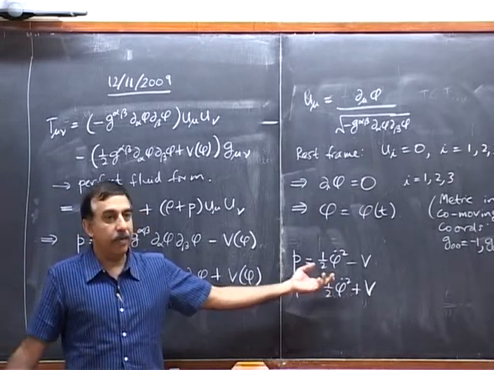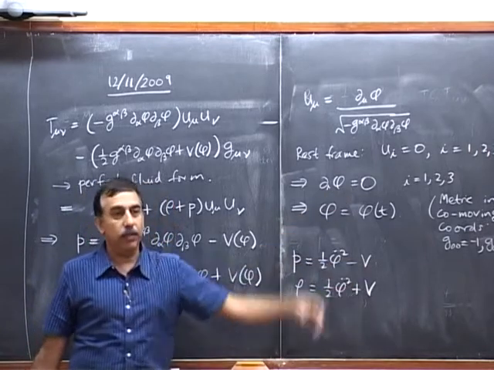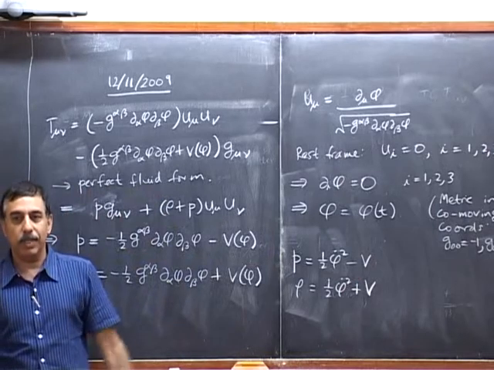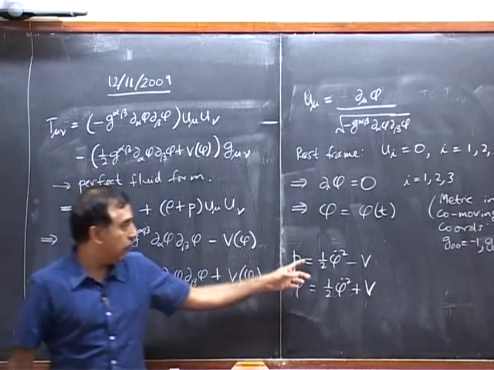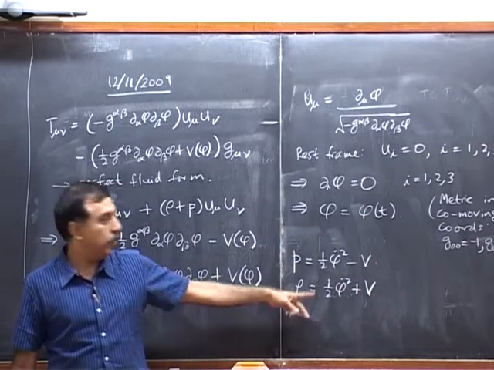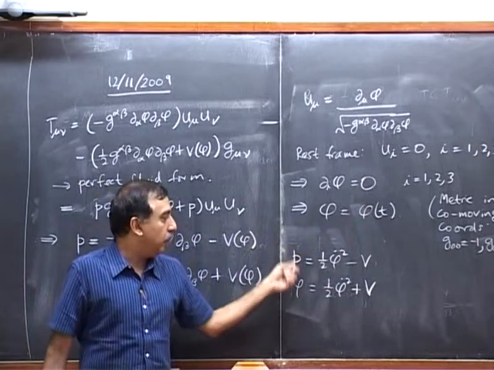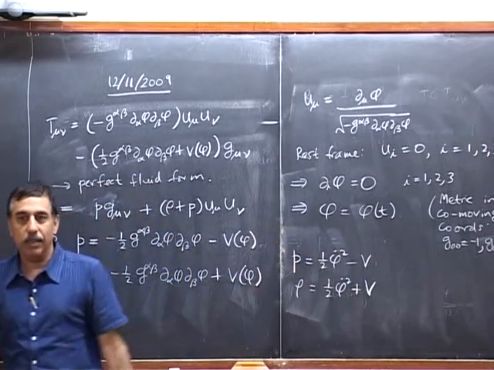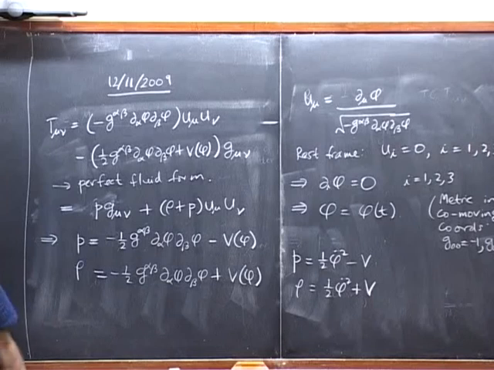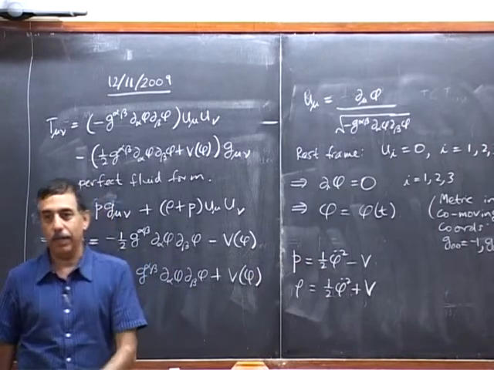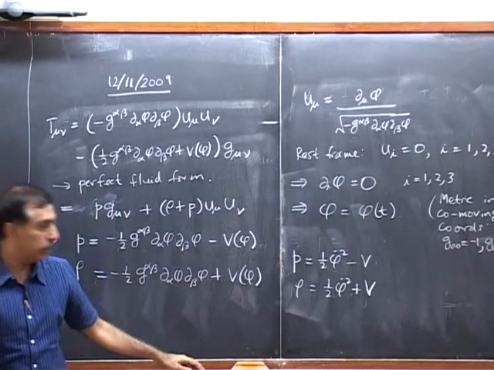However, they are completely given in terms of the potential of the underlying scalar field theory, which is some fundamental quantity. So once that's given, then P and rho are given. They are both time dependent because phi is time dependent as expected, but P upon rho is not constant. So in some ways you should consider this a better substitute for the equation of state. Instead of postulating something with a number w, you have actually got P and rho in terms of some fundamental object, and this is what you should use.